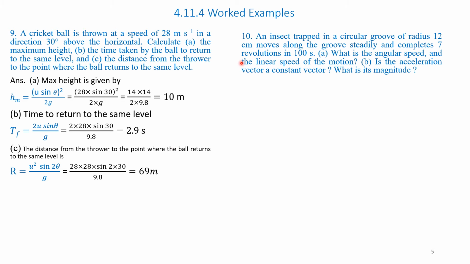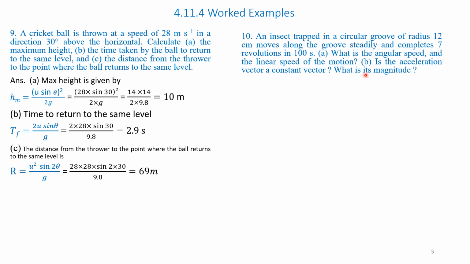Problem number 10. An insect trapped in a circular groove of radius 12 centimeters moves along the groove steadily and completes 7 revolutions in 100 seconds. Part A. What is the angular speed and linear speed of the motion? Part B. Is the acceleration vector a constant vector?